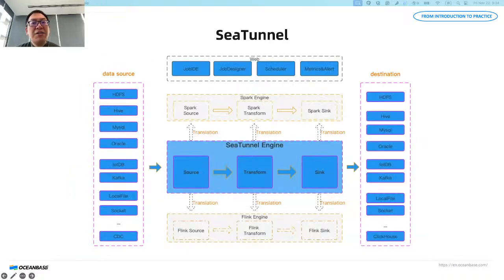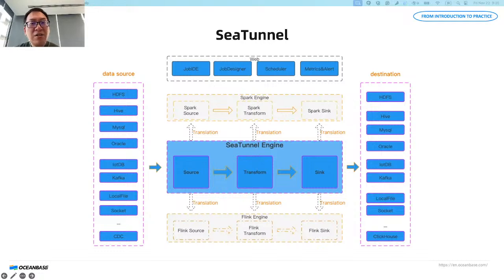Finally, let's introduce SeaTunnel. SeaTunnel is a distributed and highly scalable data integration platform designed for transferring data between diverse storage systems. It offers user-friendly configurable data flow task plugins, enabling users to define and manage data processing and transformation workflows easily.